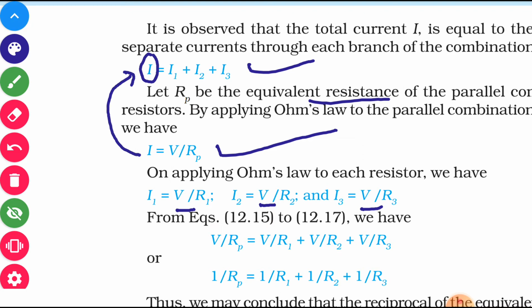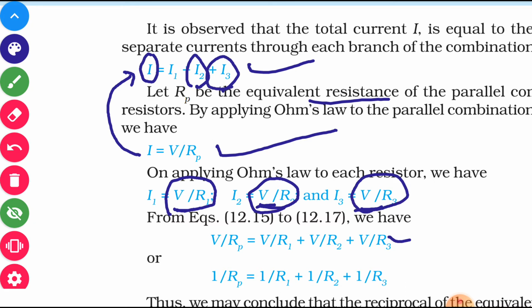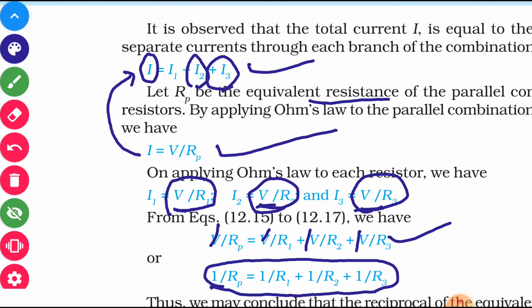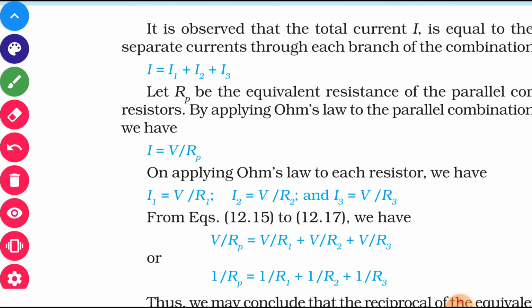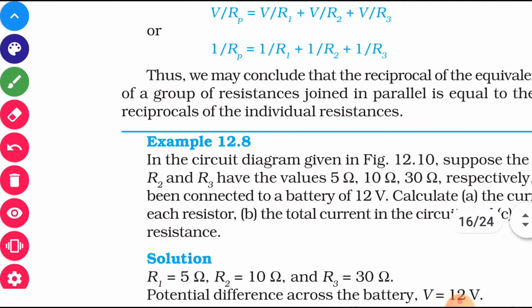Instead of I1, we write V by R1. Instead of I2, we write V upon R2, and instead of I3, we write V by R3. If you simplify, V can be taken as common and cancelled out. So 1 upon Rp is equal to 1 upon R1 plus 1 upon R2 plus 1 upon R3. That is how the equivalent resistance can be calculated.